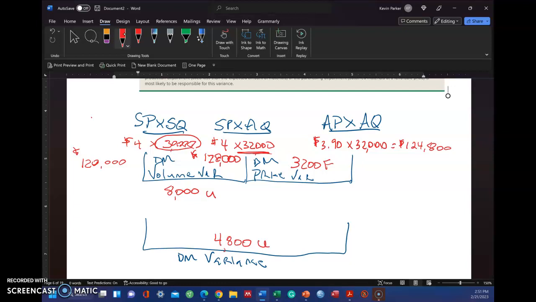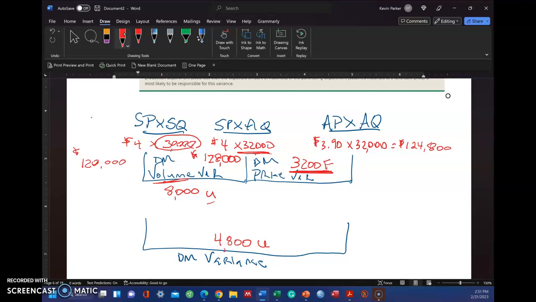Let me show you another way to have calculated the 4,800. The 8,000 unfavorable volume variance plus 3,200 favorable price variance. Well, one's unfavorable, the other one's favorable, so you calculate a difference between the two, and you get 4,800. And how do you know when you're just looking at these two if it's unfavorable or favorable? The larger number is unfavorable, so this will also be unfavorable.